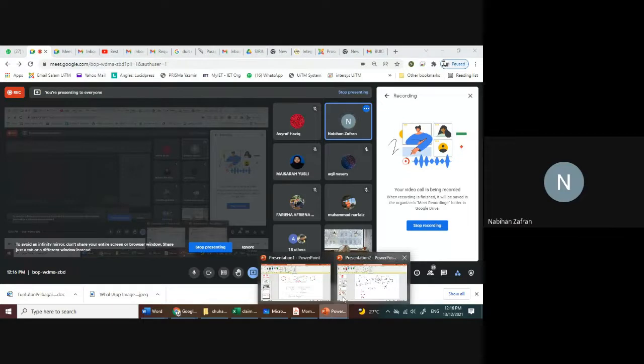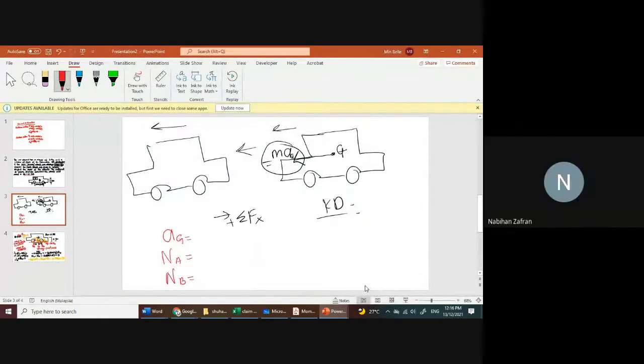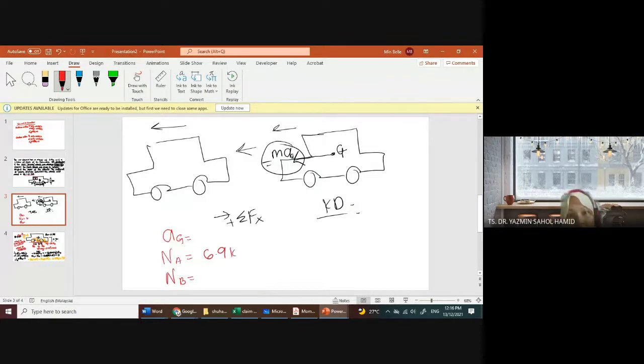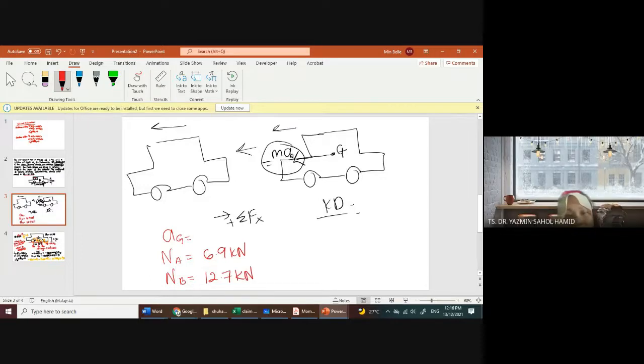6.9. Nabihan, apa yang 6.9? Oh, betul? NA. Kilonewton. NB? NB 12.7. Betul. Acceleration?